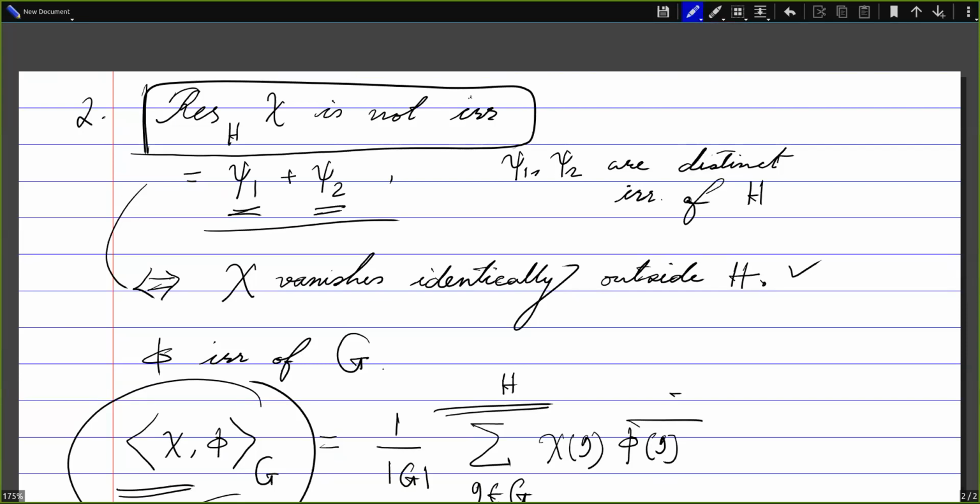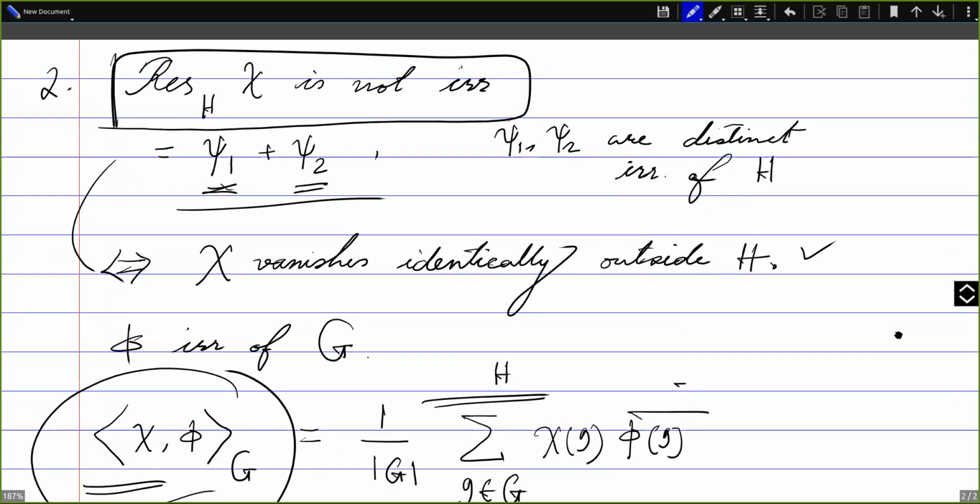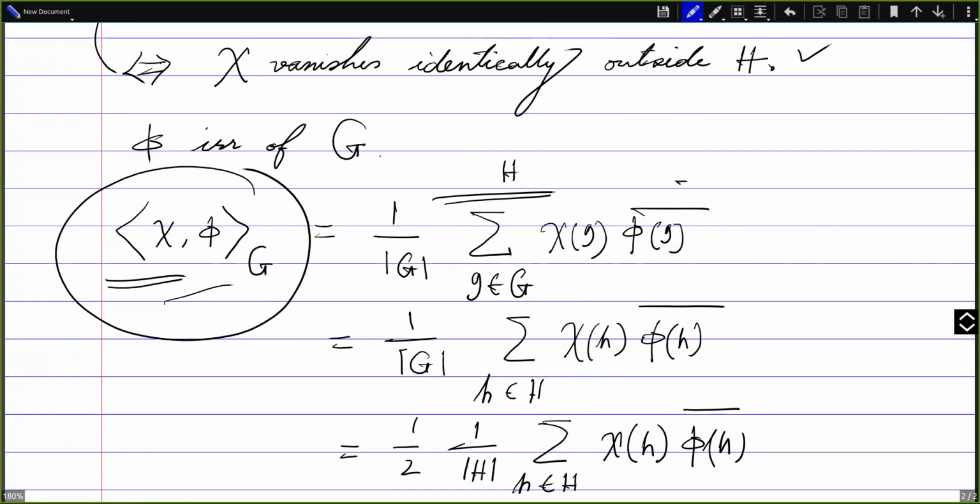This chi is an irreducible representation of G such that the restriction is not irreducible. Then it has to have two distinct constituents. Let's label them as psi 1 and psi 2.